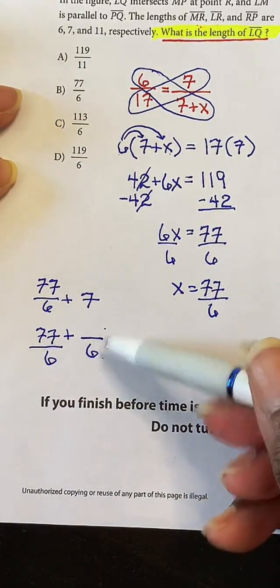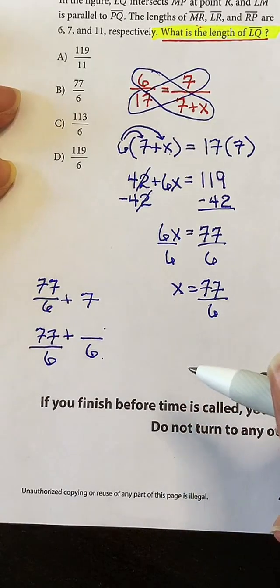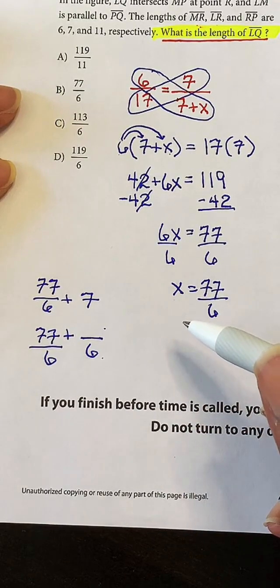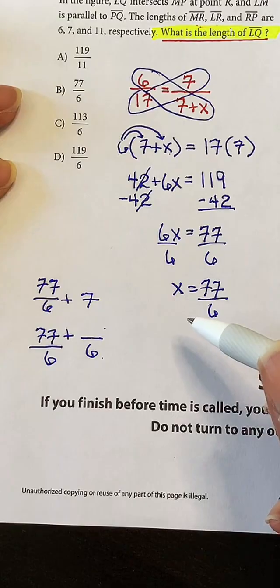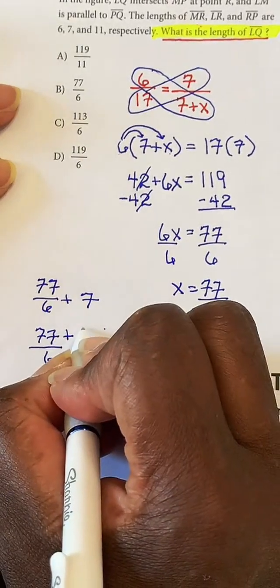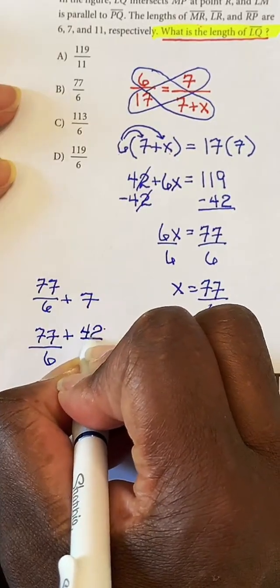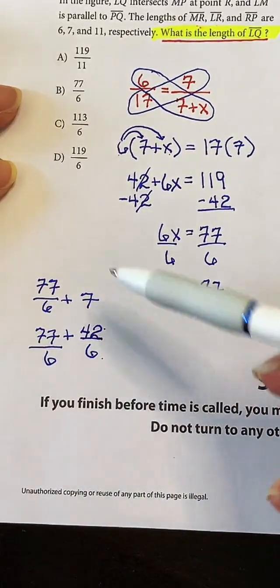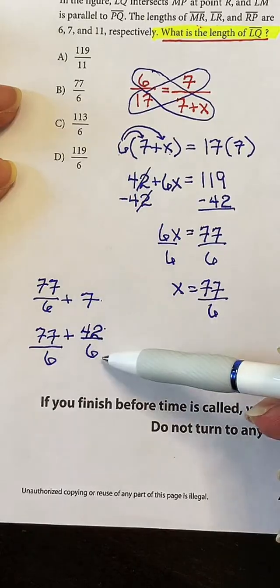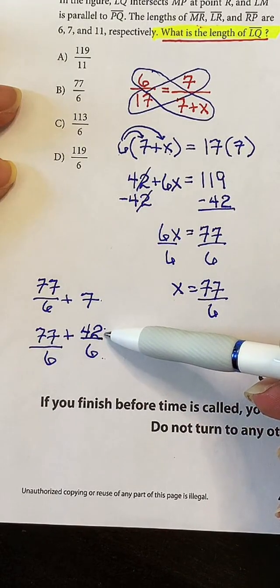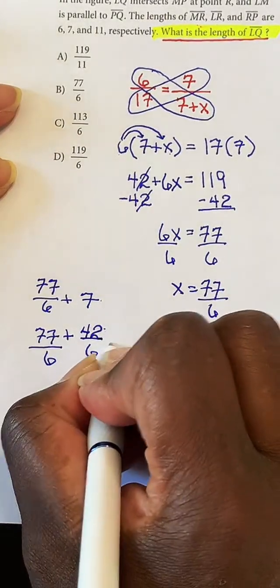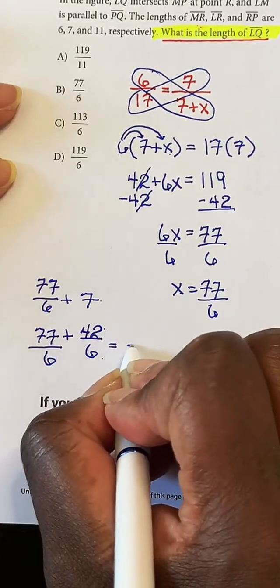So what divided by 6 will give me 7? 42. Thank you. Because if you ever get stuck, just multiply 7 times 6 to get that numerator. So now we know we have a denominator of 6.